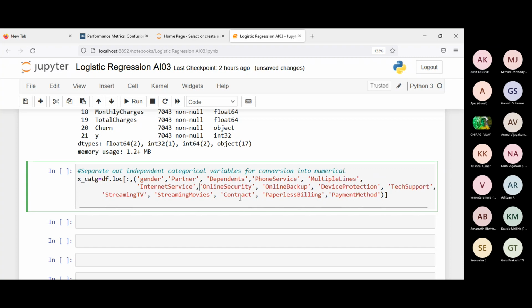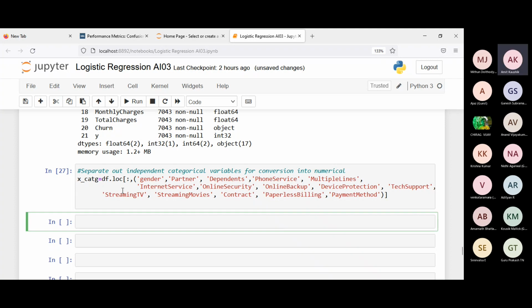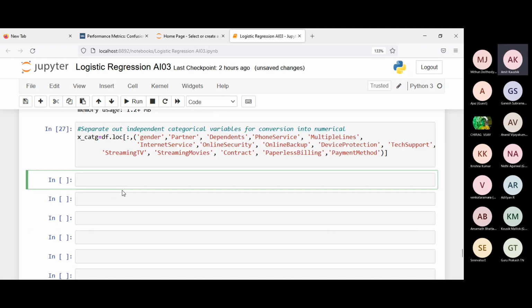I'm just calling it X underscore categorical, so that it's easy for us to recognize this is the list of my categorical variables. Just let me know in case you're through with this. Done. X underscore categorical.